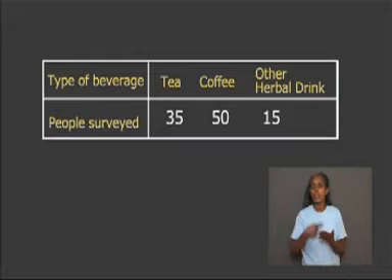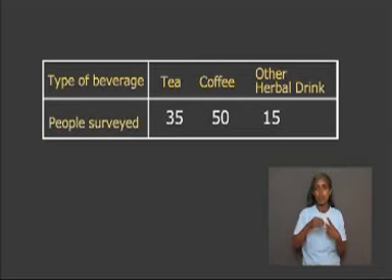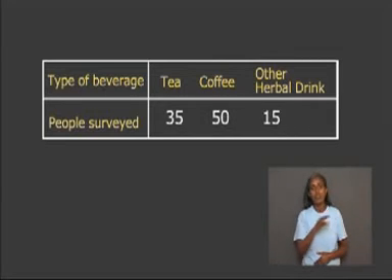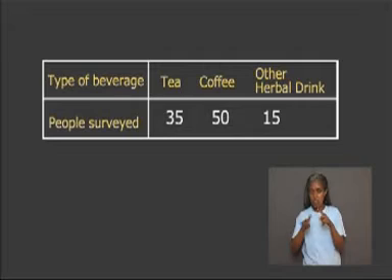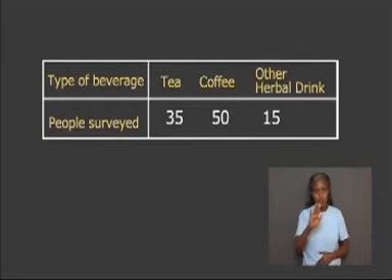The next step is to find the relative frequency of our data. Out of the 100 people you surveyed, 35 people prefer tea, 50 prefer coffee, and 15 prefer a different herbal beverage. Your chart should look like this.